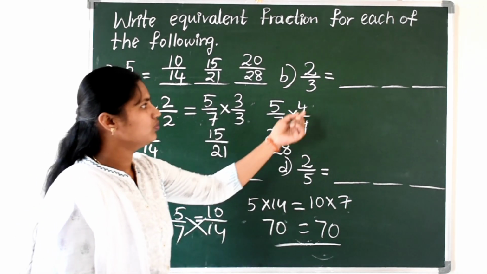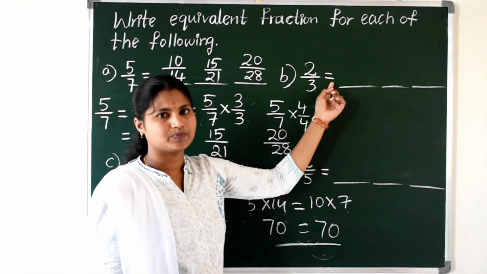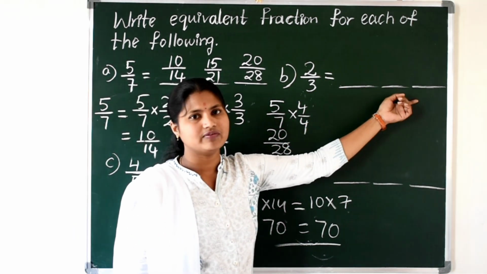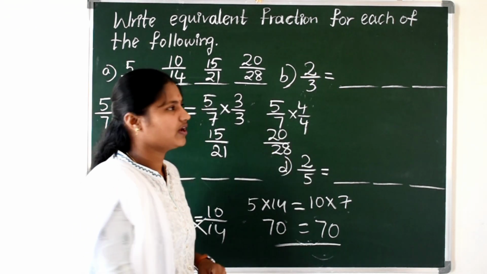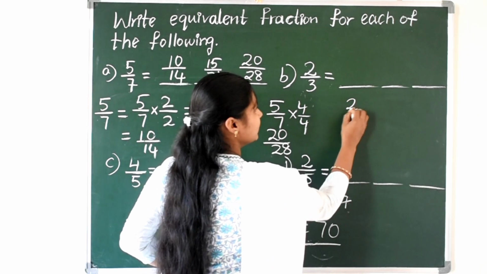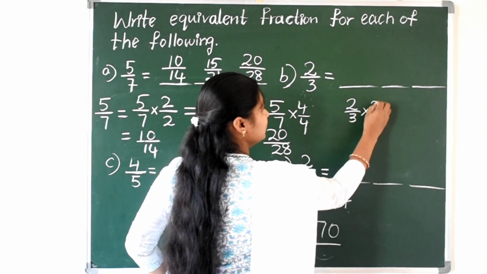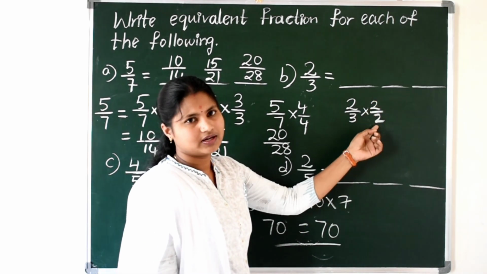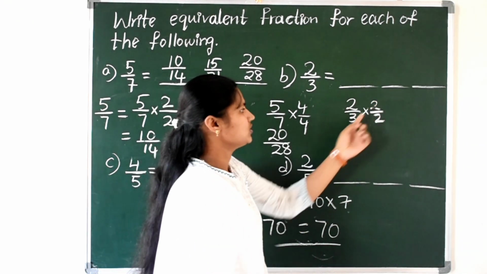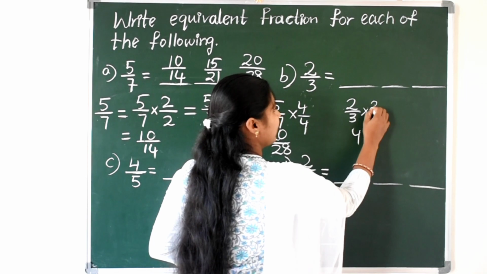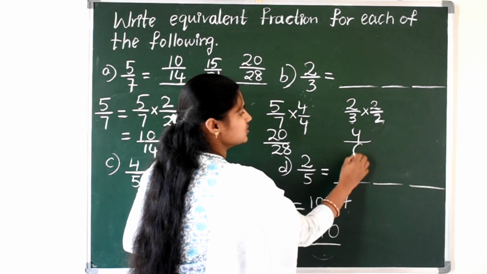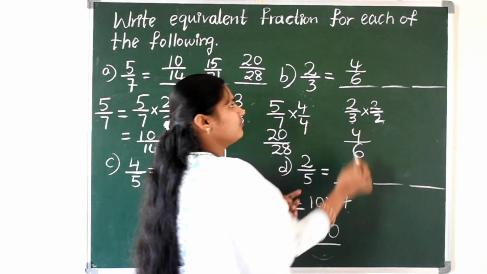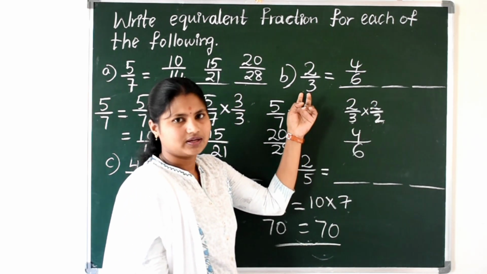Now come to 2 by 3. 2 by 3 is the given fraction. We have to write 3 equivalent fractions for it. I am multiplying the numerator and denominator by the same number, 2. 2 2's equal 4 and 3 2's equal 6. So 4 by 6 is one equivalent fraction of 2 by 3.